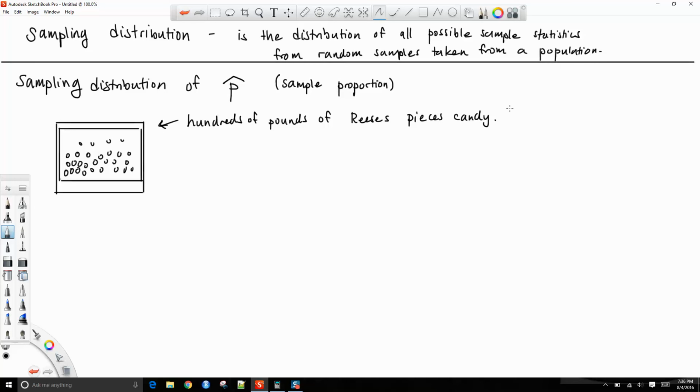If you don't know, Reese's Pieces look like M&Ms, but they've got peanut butter inside. And they have three colors. They can be orange, yellow, or brown.